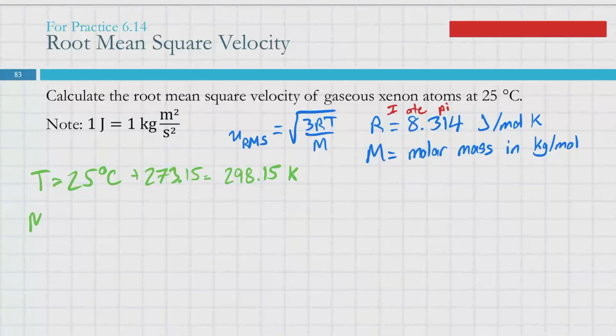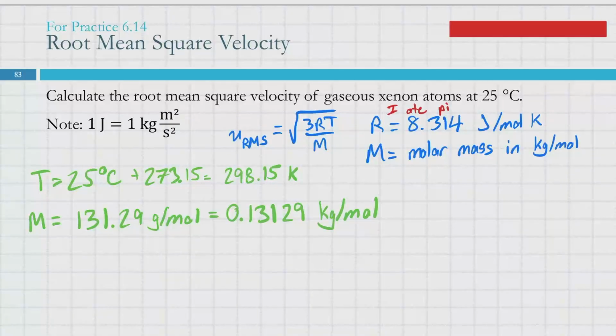Our M value for xenon, our molar mass, is 131.29 grams per mole. Converting the grams to kilograms, we just divide by 1,000. So 0.13129 kilograms per mole.